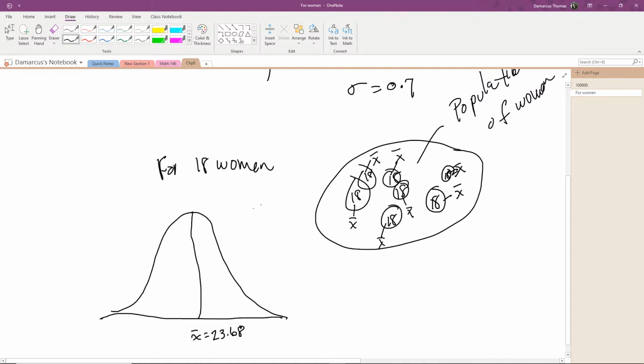But the deviation is not the same. The deviation will actually be 0.7 divided by the square root of 18. So it's going to be a little bit more narrow. But now I can answer the question.